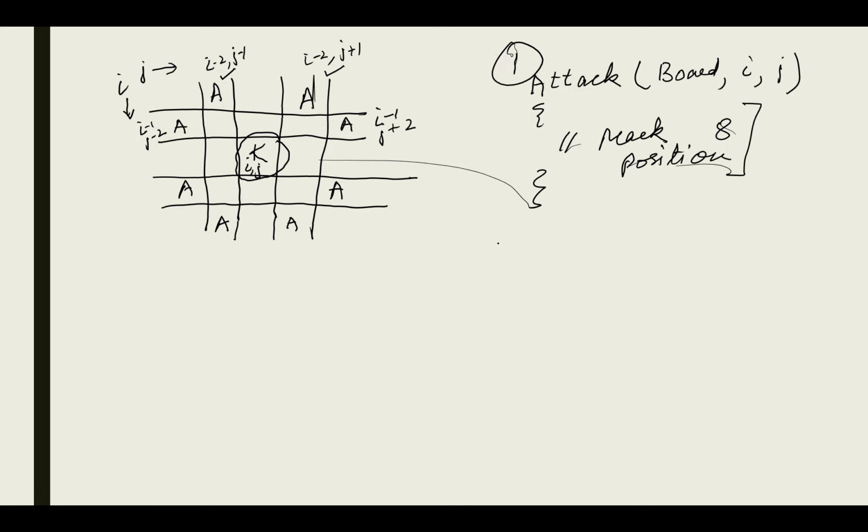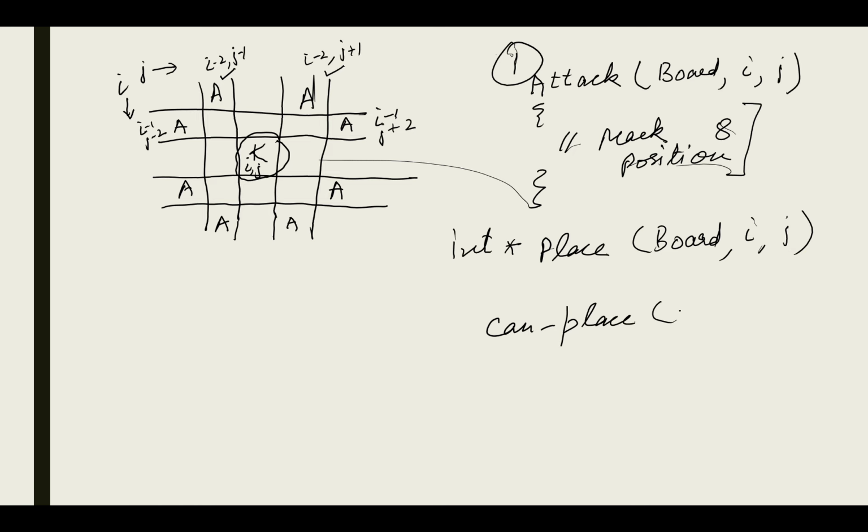Another function that you have to make is the place function, to place your knight. You will pass the board, you will place a knight at i and j, and it will return another board. So it will place the knight and return the board back to you. Another function is canPlace, just to check whether you can place a knight on that position or not.